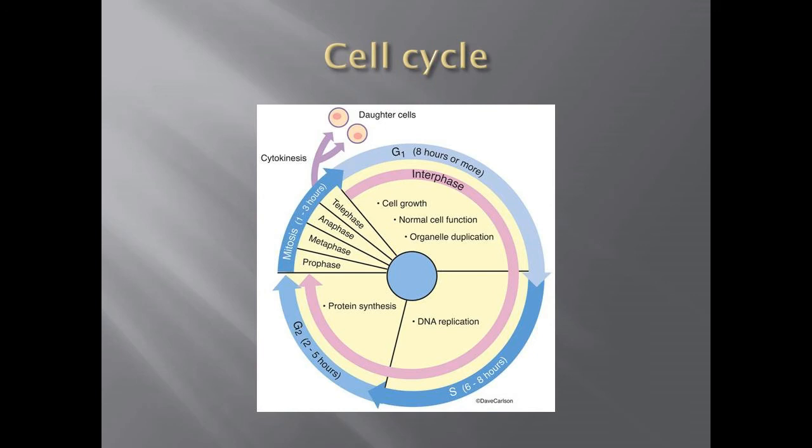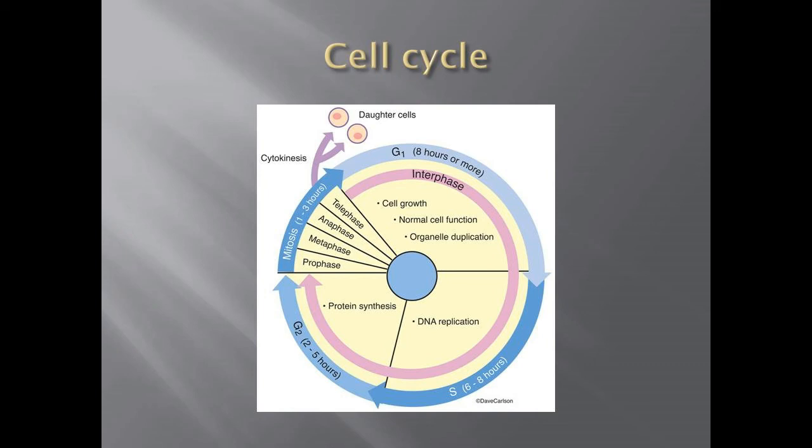What are the requirements for growth which takes place in the G1 phase? Following are the requirements. One is the synthesis of RNA, which is very important because it helps in the production of some types of protein in G1 phase, which are important for the function as well as energy purposes of the cell.